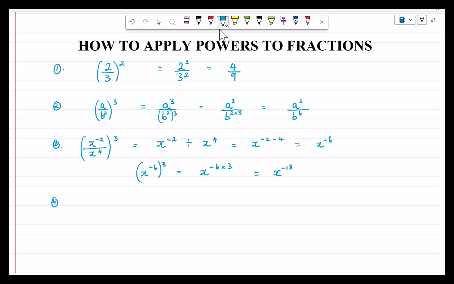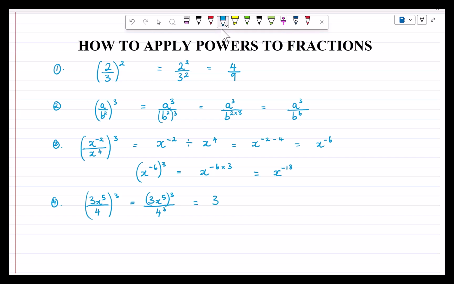Then example number 4, we have 3x to the power of 5 all over 4, and this is being raised to the power of 3. Applying the power to the numerator and the denominator, we have 3x to the power of 5, and I'll put this in a bracket, to the power of 3 all over 4 to the power of 3. Now, if you remember how we deal with the numerator, we apply the power to both the number and also the letter.